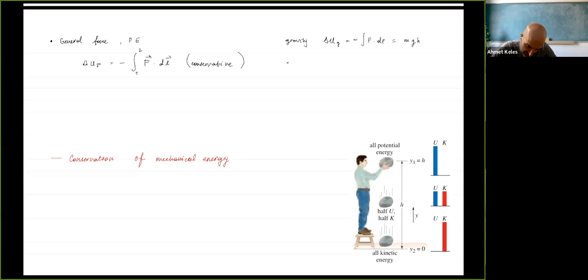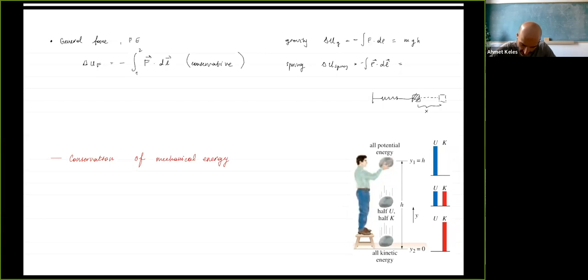And you can do the same thing with spring. Delta U spring is minus F spring times displacement. I think we introduced this last week. You have some spring with some mass, and you are, let's say, displacing this by an amount x. And I think we calculated the work done, and there's an overall minus.